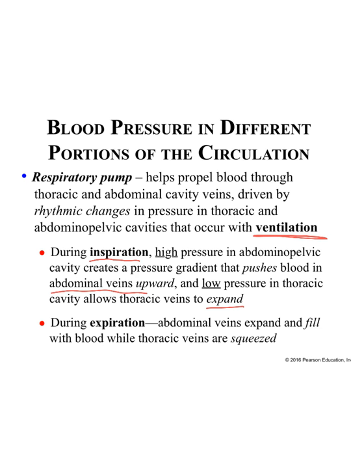When you breathe out, abdominal veins are able to expand and fill with blood, while then the thoracic veins are squeezed. So it basically creates this alternating filling and squeezing, therefore ensuring venous return.